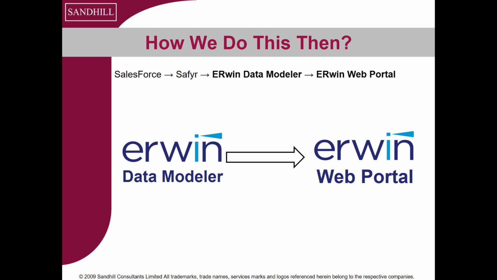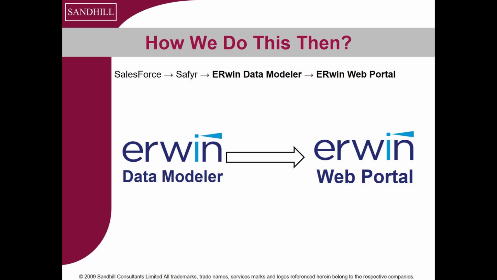Once we have all this metadata in our ERwin data modeler, we can use the tool to manipulate the diagrams and lay them out according to the way we would like to view them. We can also add, change, and manipulate the tables and the columns within the ERwin data modeler to reflect any future changes that we plan to implement in our Salesforce environment.